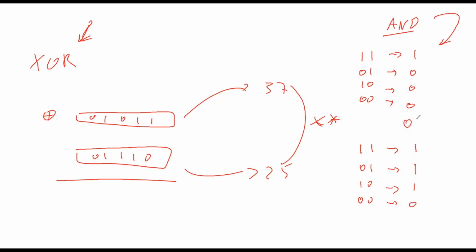Or. You can see how that's just like XOR, just a bitwise operation. Also could be done really fast, right? And then I could have, and then I perform an operation. What is that one?